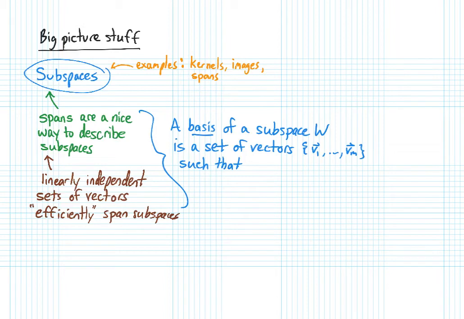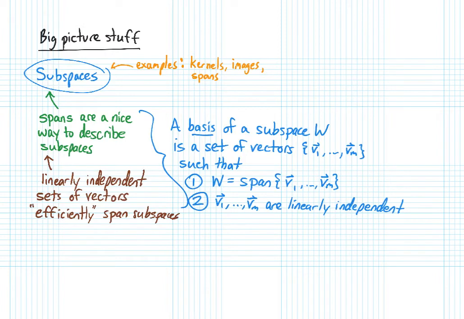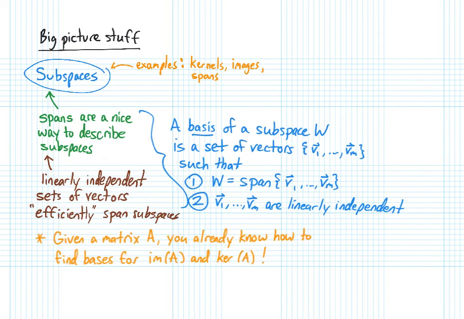A basis of a subspace W is a set of vectors such that the vectors span W and where the vectors are linearly independent. So conceptually, I would think of a basis as being a set of vectors that efficiently describes the subspace. The concept of basis is going to play a pretty significant role in the theory going forward.